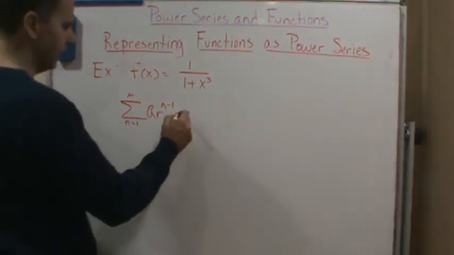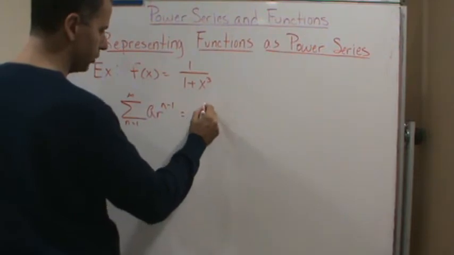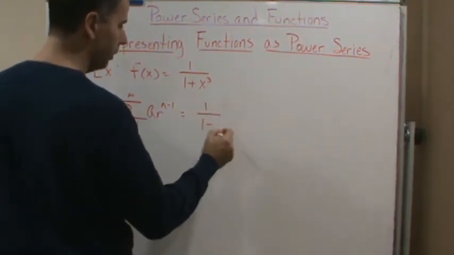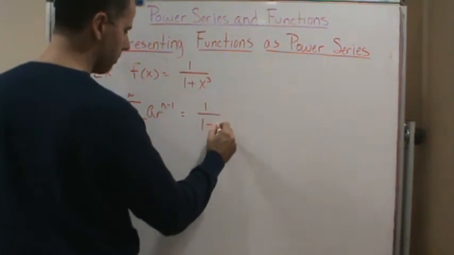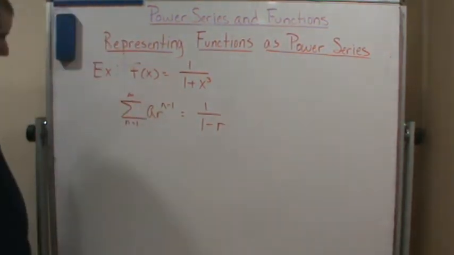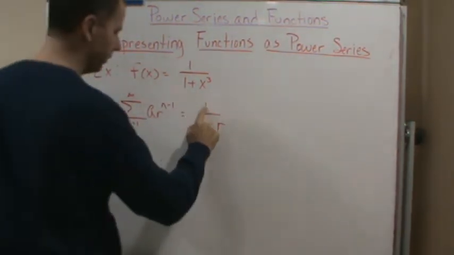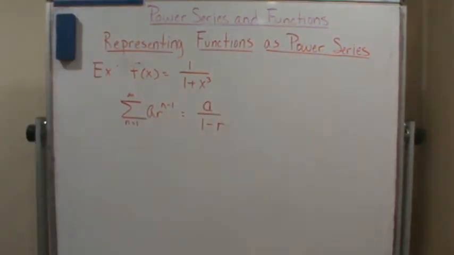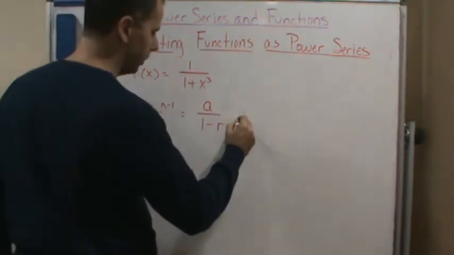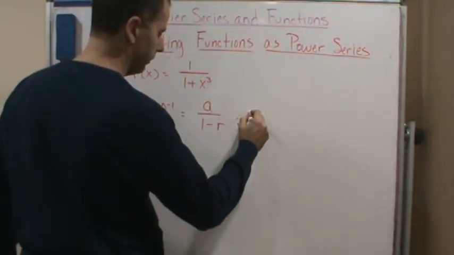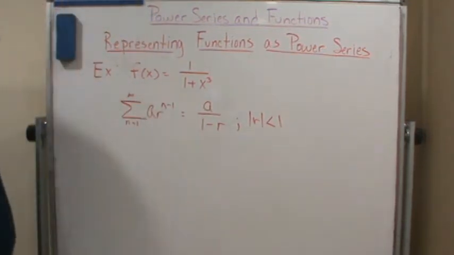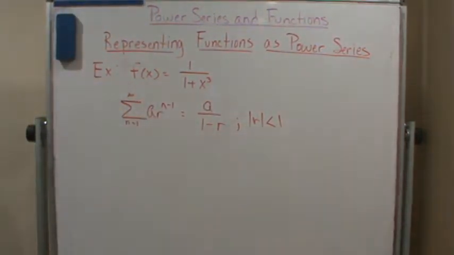And we know that this equals a over 1 minus r, or excuse me, not 1, a. And this is for absolute value of r less than 1. Okay, so this is what we know.